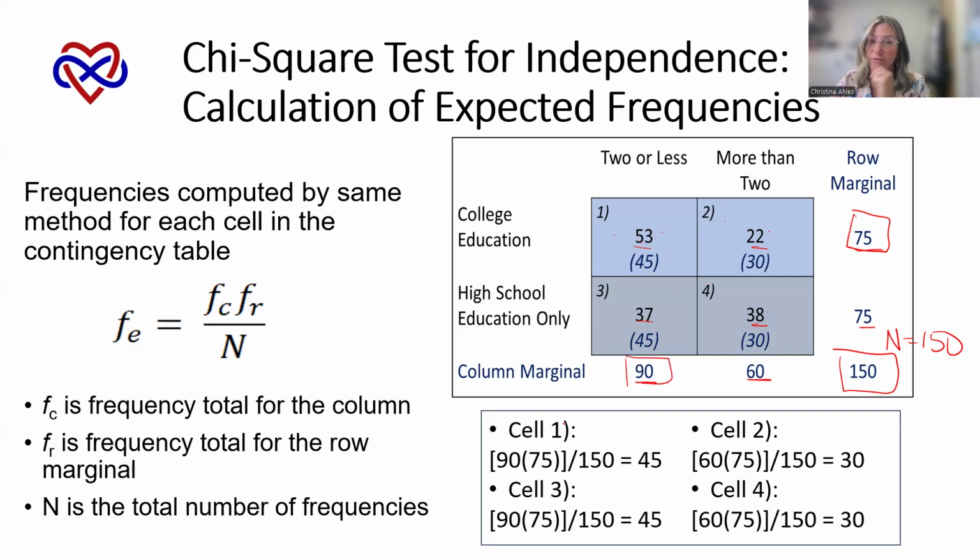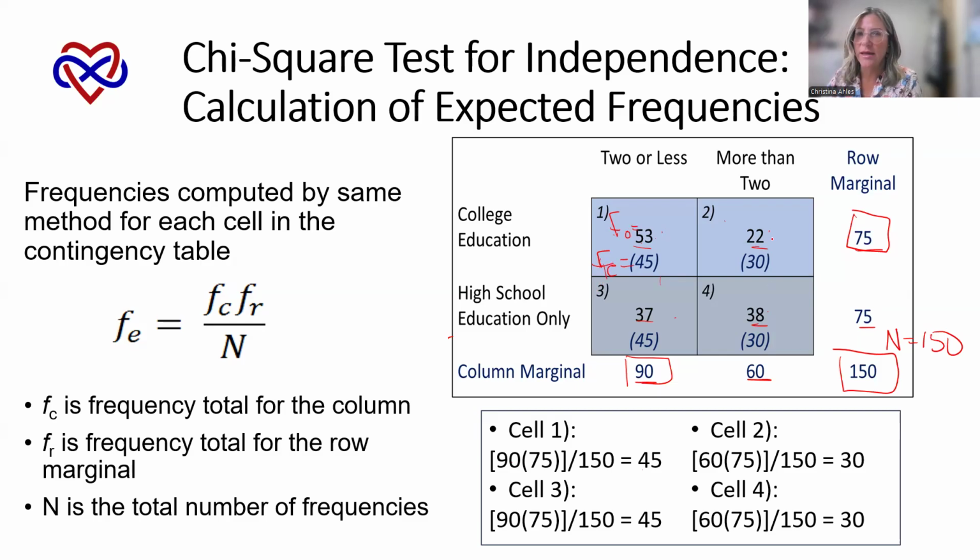So for cell 1, it's 90 times 75 divided by the total number of participants, which is 150. So 45 is our expected frequency for this cell. I'm going to put that here, F of E, and 53 is our observed frequency. That is supposed to be an F, and that's supposed to be an E.